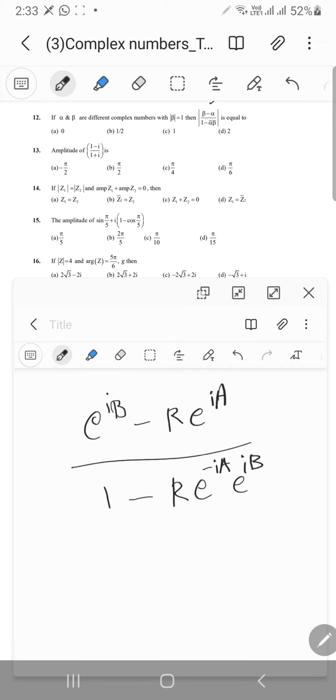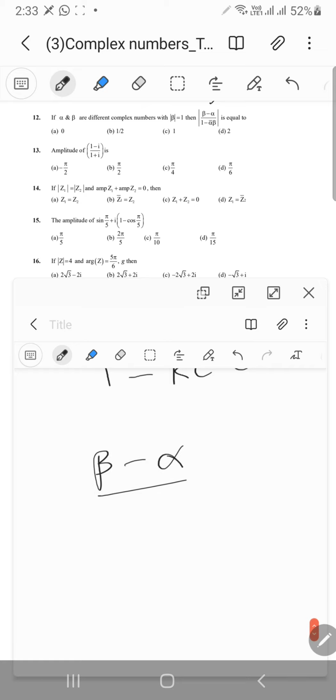It's actually not that bad. It's going to be the conjugate of that. Not bad at all. We don't even need all that stuff. So beta minus alpha upon, multiply this thing by the conjugate of beta.